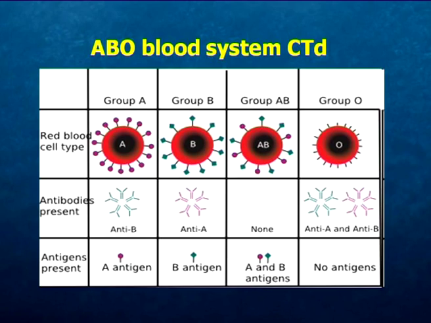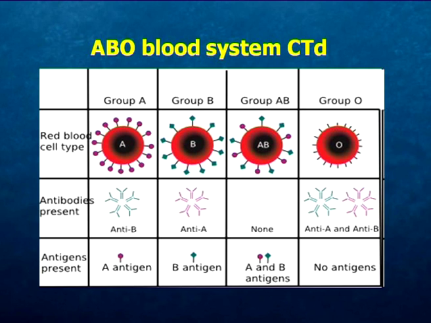Then you look at the O group. No antigens on the RBC. A antigen is absent, B antigen is absent, that is why they are not shown there. And then antibodies, you find both anti-A antibody and anti-B antibody.